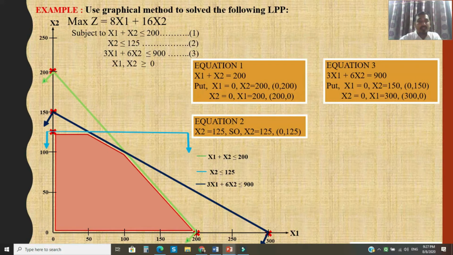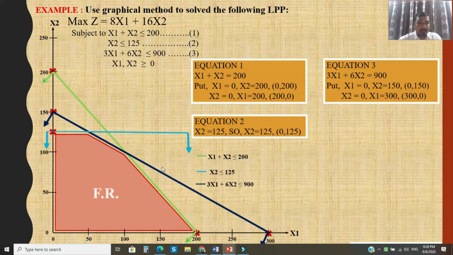Here we discuss only the extreme corner point method. First we have to find all the extreme points. So here the extreme corner points are A, B, C, D and E.